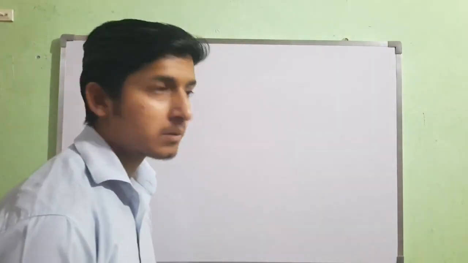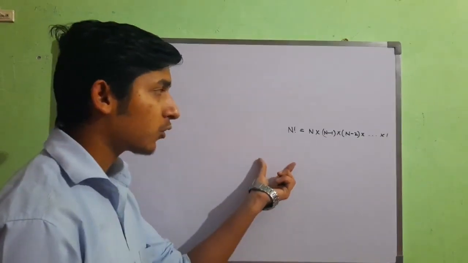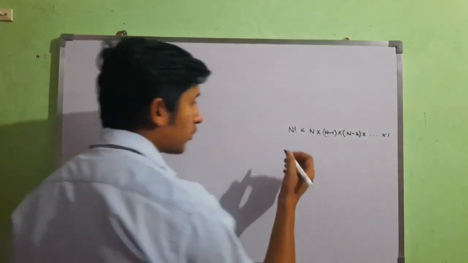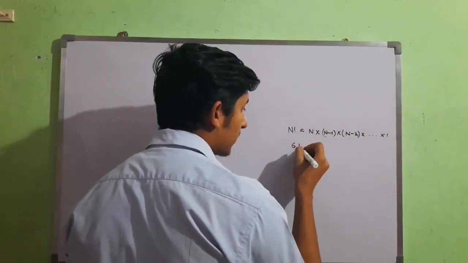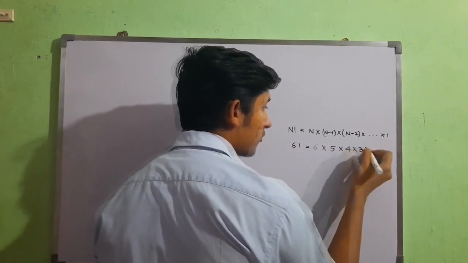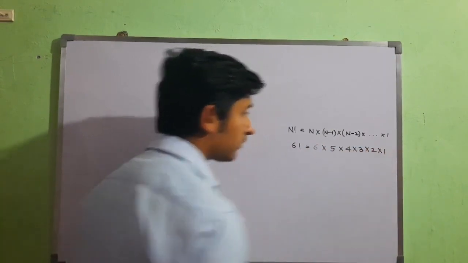About recursion. Recursion is a property of a function due to which it calls itself. Now the question arises, why and how do we use recursion? Simple. Suppose I am to calculate the factorial of a given number. N factorial can be written like this. Suppose I am to write 6 factorial, then this will be 6 cross 5 cross 4 cross 3 cross 2 cross 1.